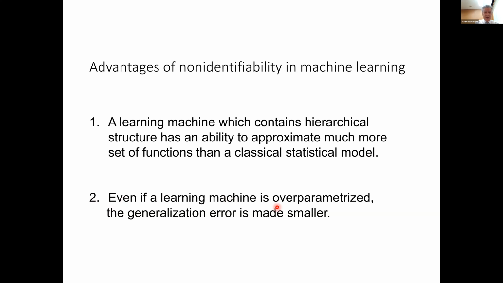Even if a learning machine is over-parameterized, the generalization error is made smaller. Over-parameterized means that the learning machine is redundant to approximate the unknown true distribution. However, even in the over-parameterized case, the generalization error is not so large in general.